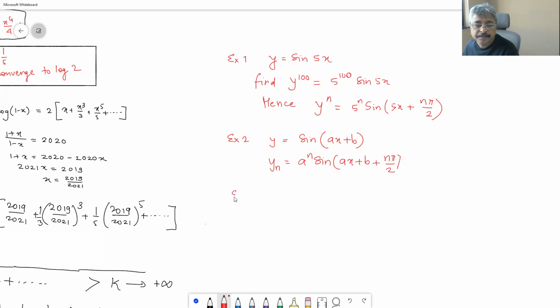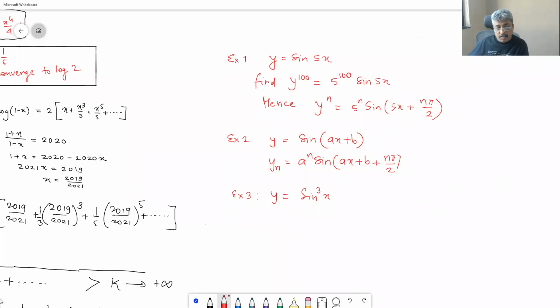Example 3. y is equal to sine cube x. Find the nth derivative of y is equal to sine cube x.